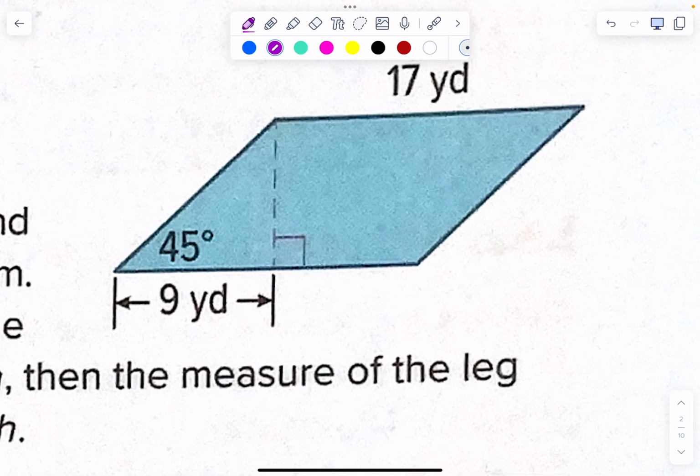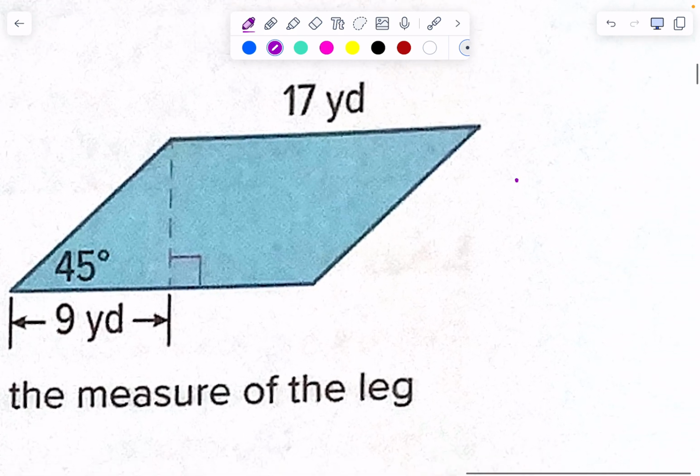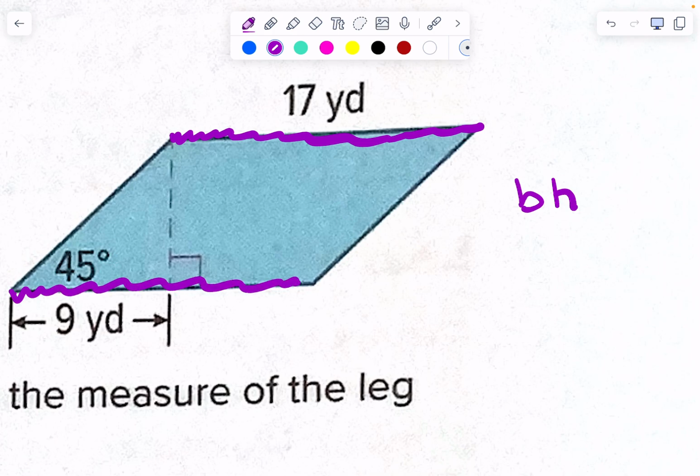We need just base and height, right? What's the base? Is it 9? 17. 17 is the base. It's the whole base across here. 17 is that side, and this would also be 17, agreed? So 17 is the base. But then the height.